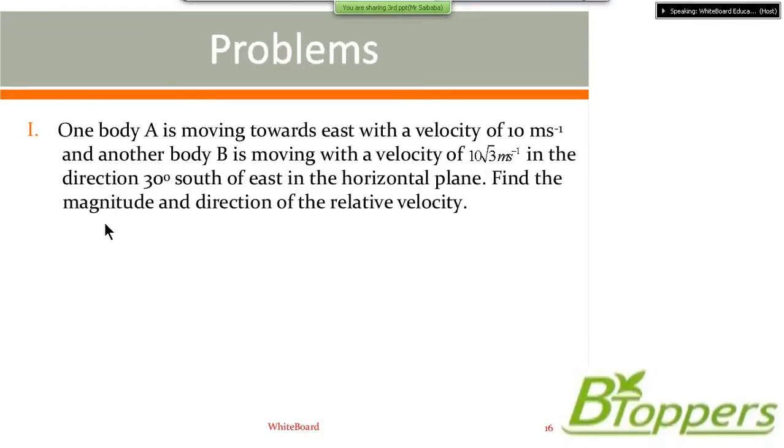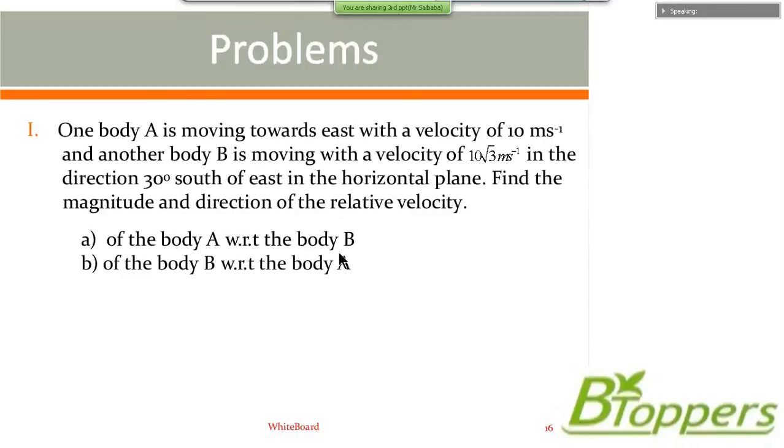Find the magnitude and direction of the relative velocity. I'm giving two parts of the problem. First part: of the body A with respect to the body B. Second part: of the body B with respect to the body A.